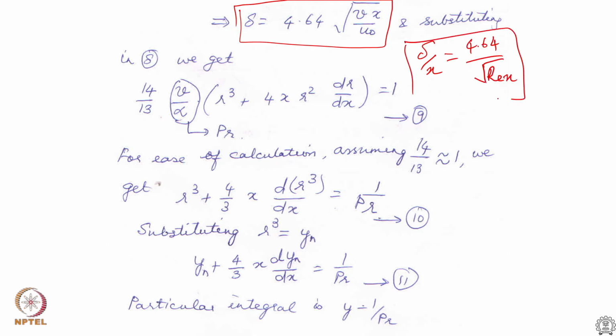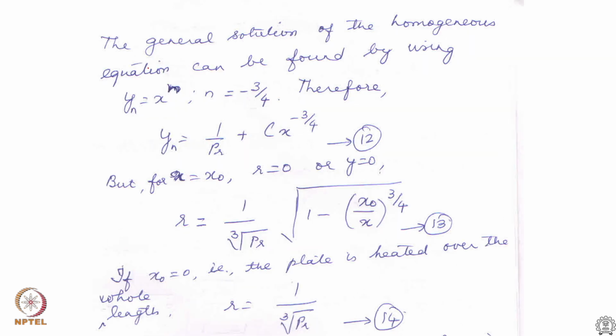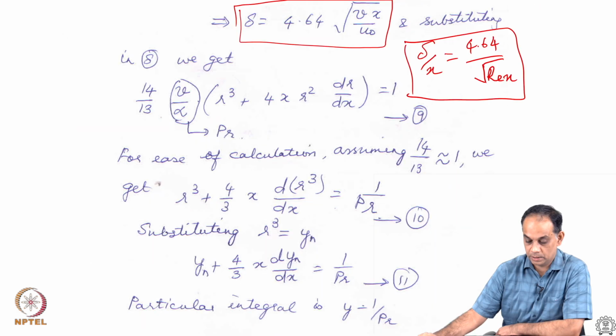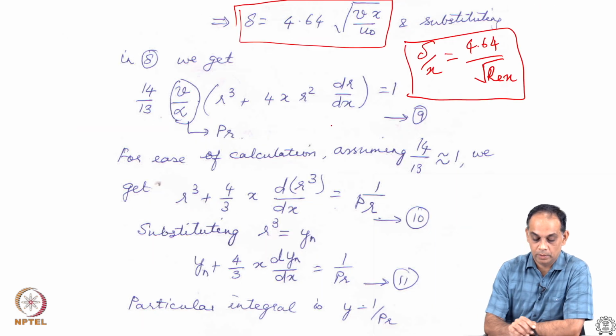This is the hydrodynamic boundary layer theory. On the integral method you will achieve this. So, making use of that, we substitute that expression for delta in expression 8, and we achieve this equation. We see that 14 divided by 13 times the Prandtl number shows up here, r cube. r is nothing but thermal boundary layer thickness divided by velocity boundary layer thickness, times 4x times r square dr by dx equal to 1.